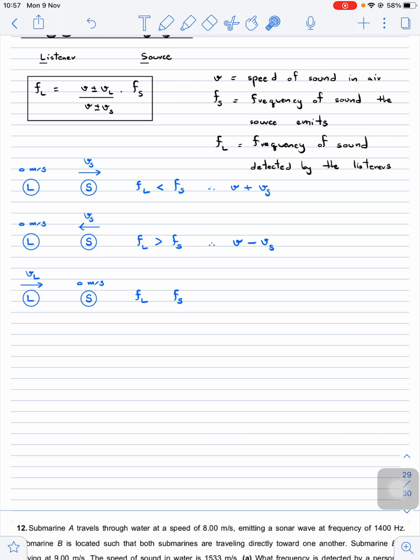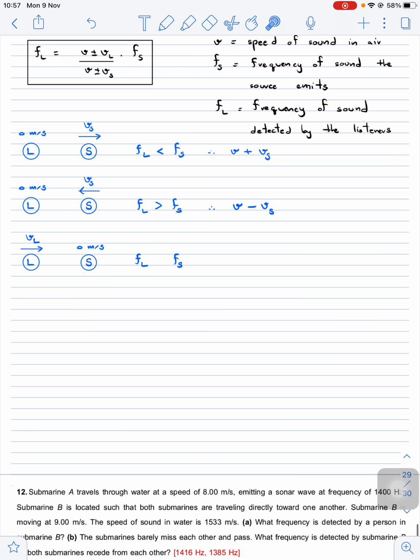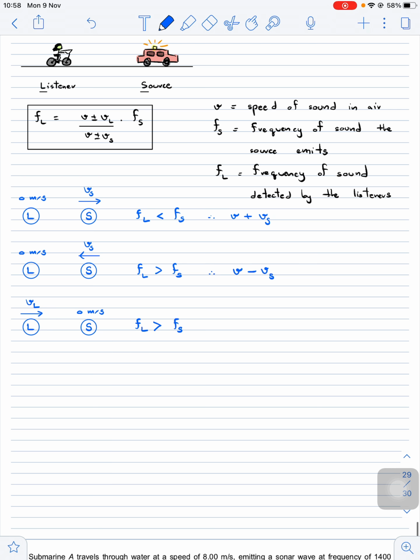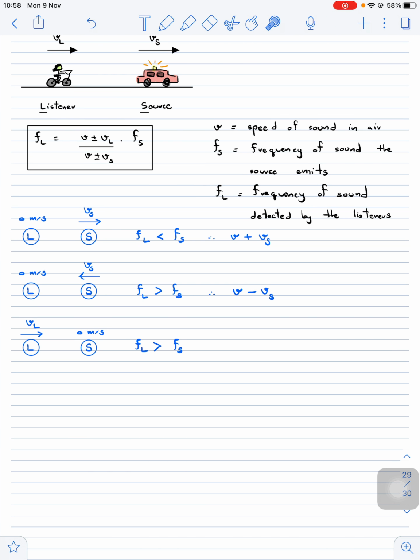Let's think first from real life. If we drive a car towards the ambulance, the FL should be larger than the Fs. It means that the frequency that we hear should be larger than the frequency that the source emitted. So we need to pick the sign that makes the FL greater than the Fs.